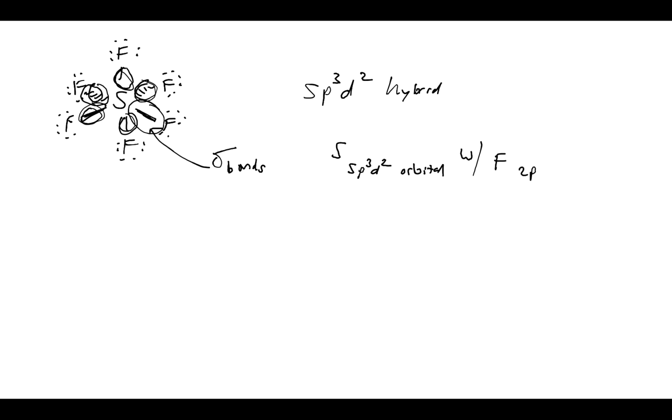If we look at the answer choices, we see that the answer choice is D. All these hybrid orbitals look similar, so you get a situation like this where this is your sulfur, and it's overlapping constructively with, let's say here, the 2p on fluorine, and this is the sp3d2 hybrid orbital on sulfur.